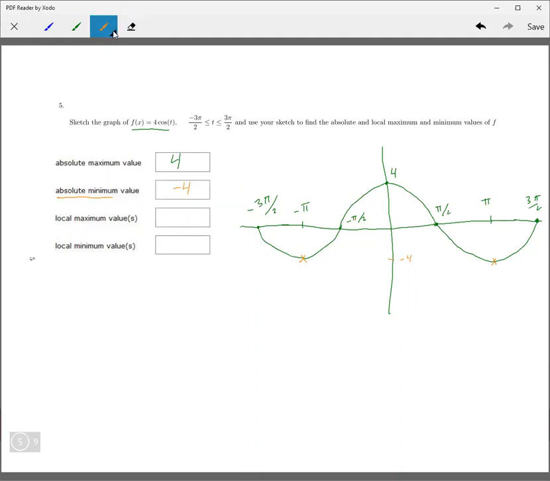Okay, local minimum value, or no, I'm sorry, local maximum would be 4, because we're right up here. And the local minimum value is, again, these are also local minimum values, so negative 4. Okay. Any question about that?